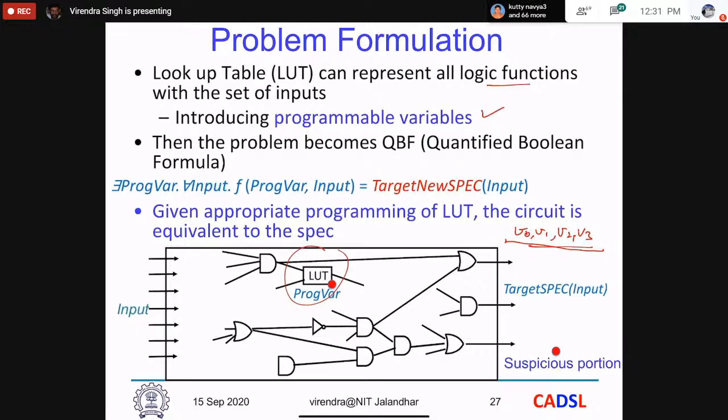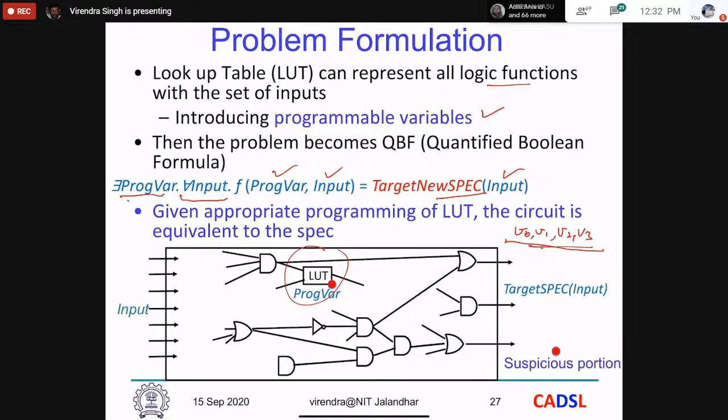I can write that as: there exists some value of these programmable variables such that for all the inputs, my function, written as a function of programmable variables and inputs, should be equal to my specification, which is a function of only the inputs.